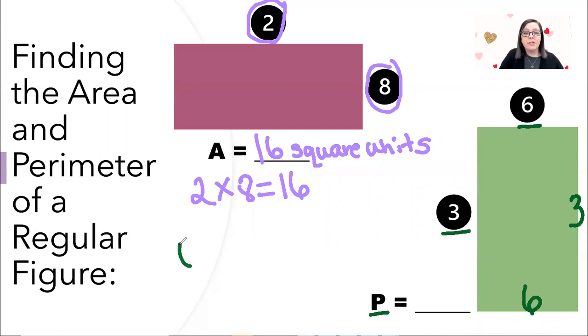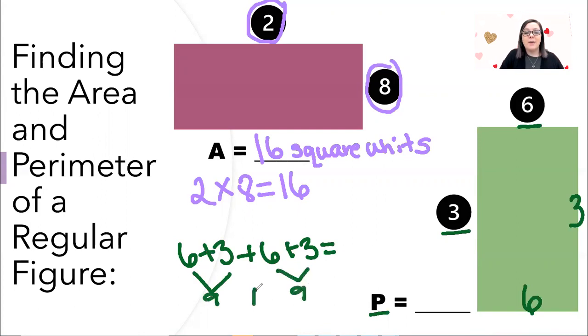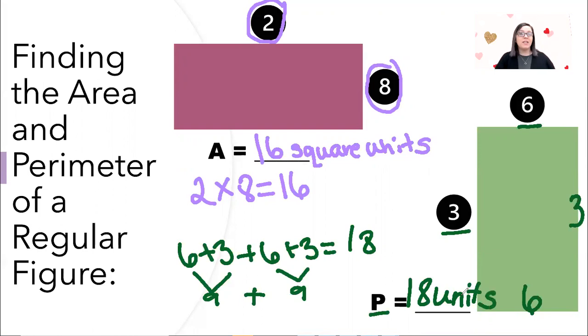So remember, we're going to do length plus width plus length plus width, and that is going to give us our total perimeter. If I add together 6 plus 3, that's going to give me 9. So I know that this is 9, and when I add the two of those together, I'm going to get 18. And therefore, I know that the perimeter of the green figure is 18 units. Remember, for perimeter, it's simply units. We don't need to square those units.